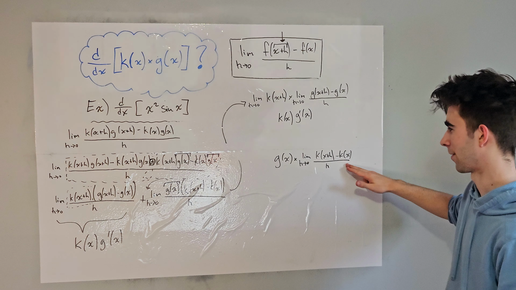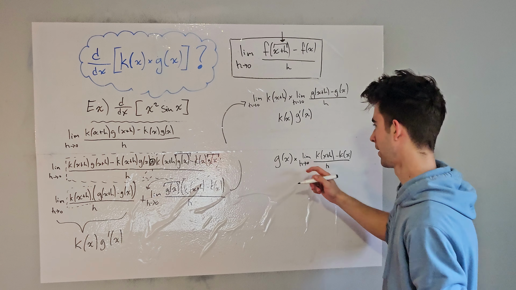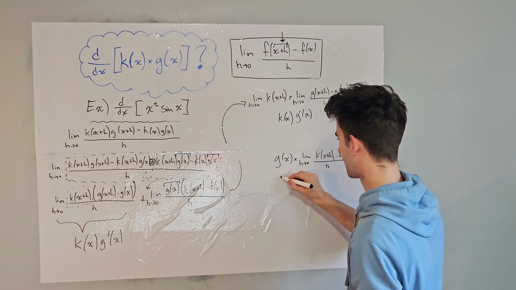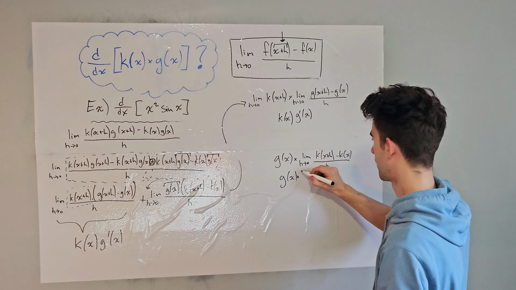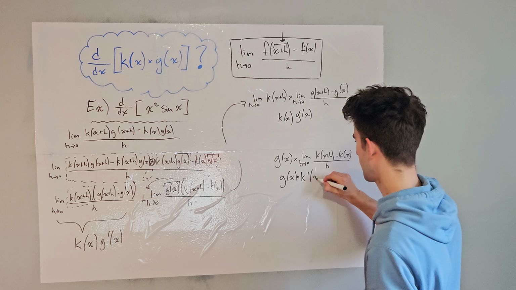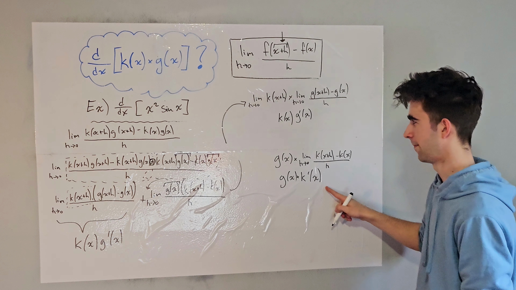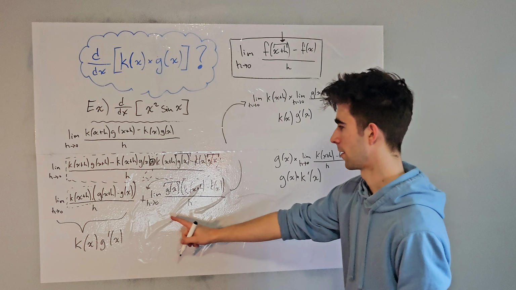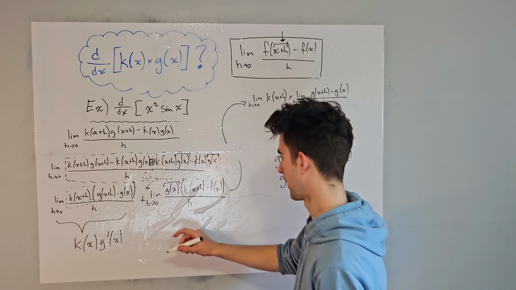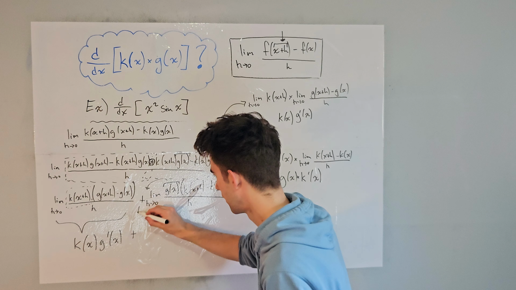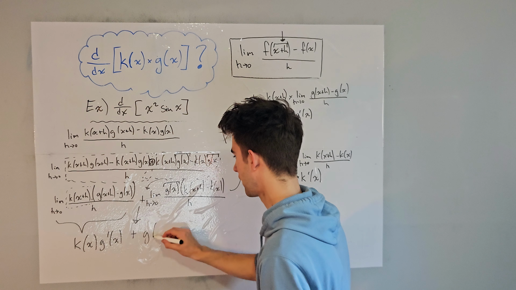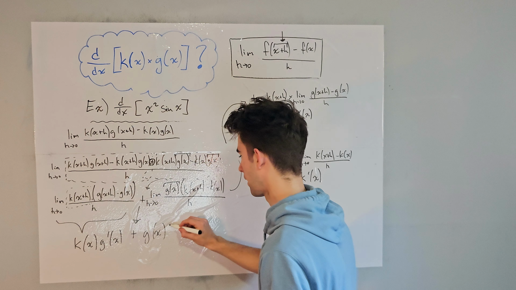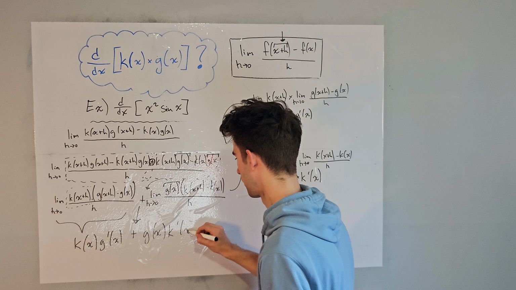And this is, of course, with the function k. So this is a regular g of x times the derivative of k of x, just like that. And that was this second term here, plus, we still carry that down, g of x, k prime of x.